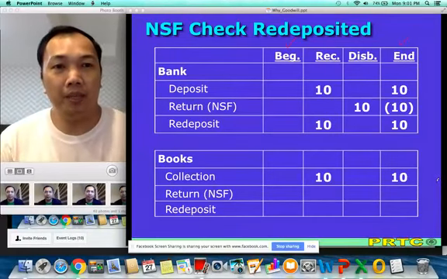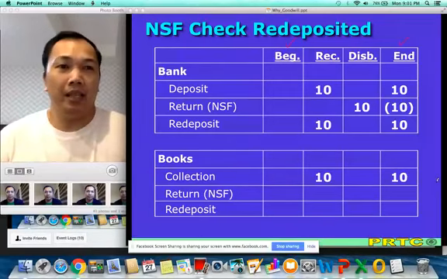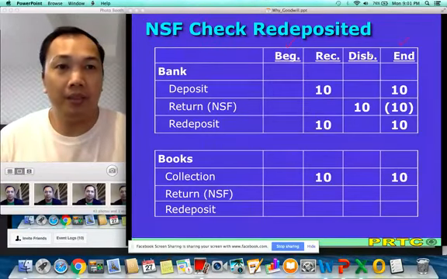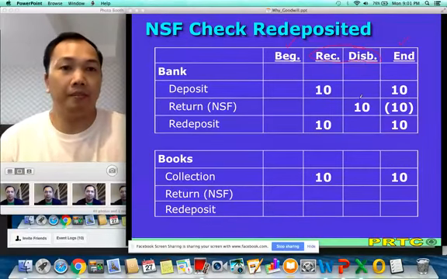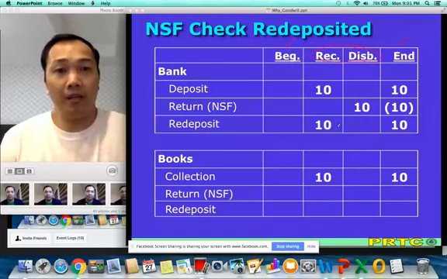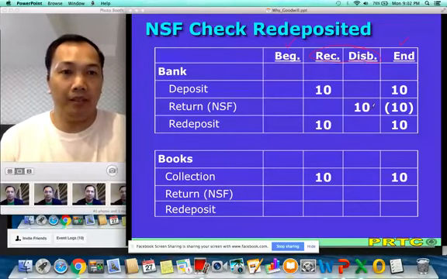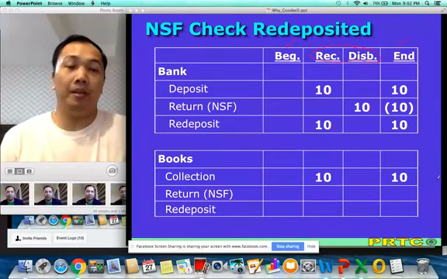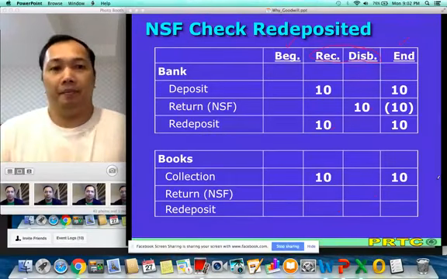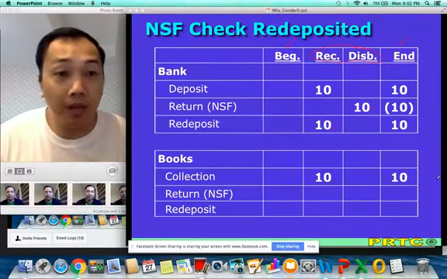Kaya lang ito kasing proof of cash, expanded bank recon yan. Aside from the balances, nire-reconcile din yung transactions, yung receipts and disbursements. And clearly, hindi equal yung receipts and disbursements per bank and books, kasi ni-record sa bank yung return and redeposit, tapos hindi siya ni-record sa books. So ito ngayon ang problem. Where to adjust? Bank or books?